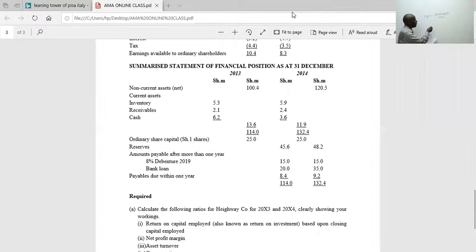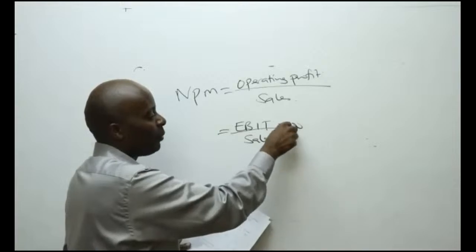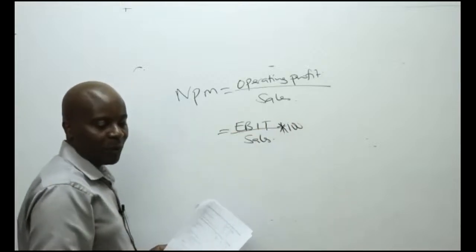Remember that our operating profit is the same as the EBIT or the PBIT. So EBIT all over sales. If you wish, multiply this with 100.